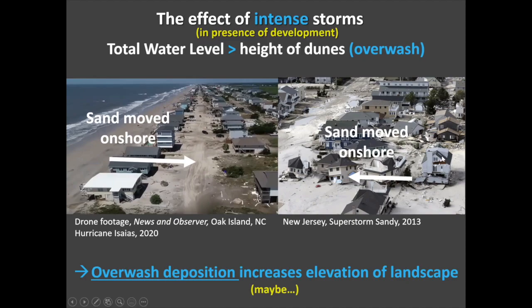Another picture here from Superstorm Sandy, now in New Jersey. Again, more damage in this picture, but overwash deposition taking place. So in the case of development, overwash deposition also increases the elevation of the landscape, but I have a maybe here, because there are some effects of development on this process that we'll come back to in just a bit.